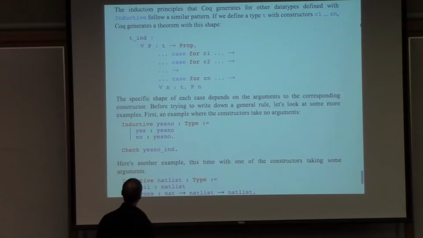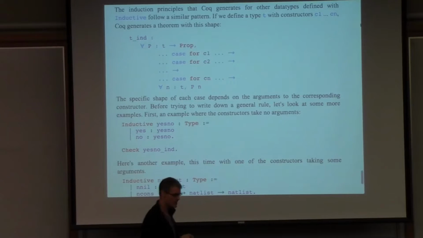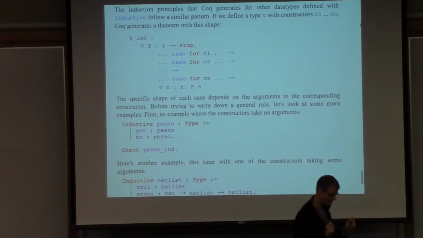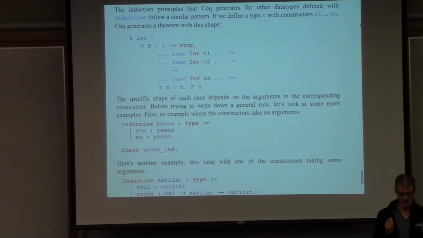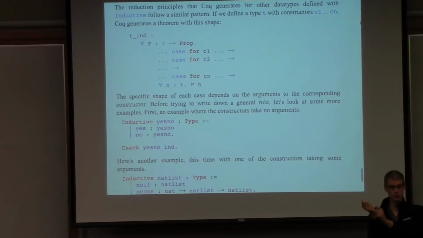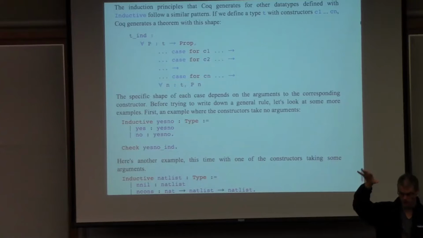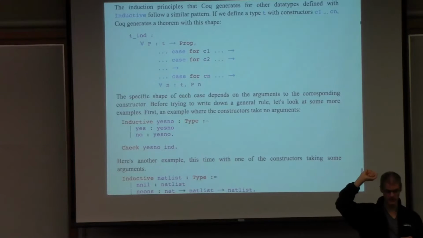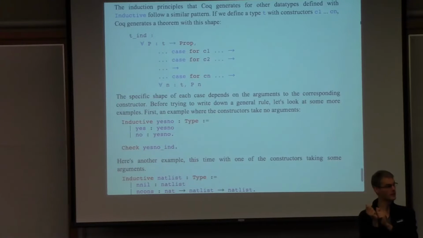And each of the hypotheses says, given some induction hypotheses, prove a particular case of the proposition that we're proving inductively for that constructor.